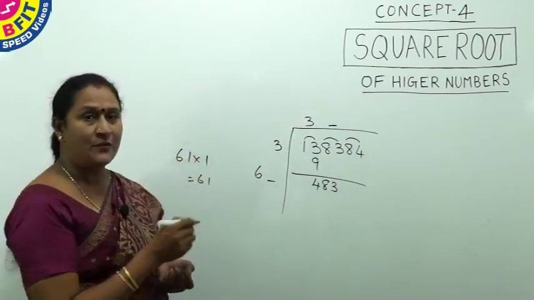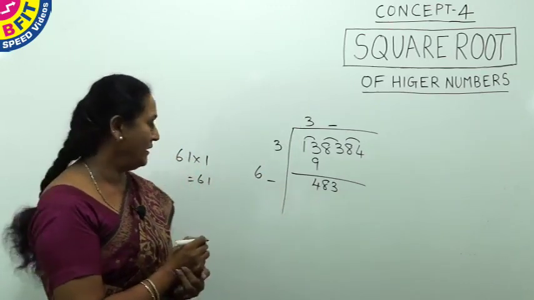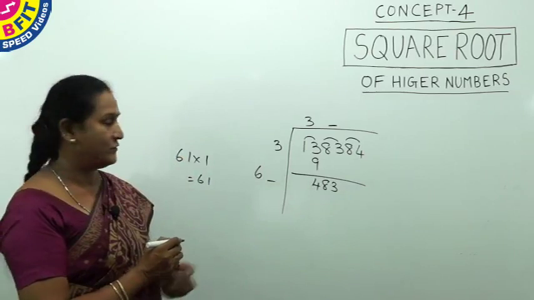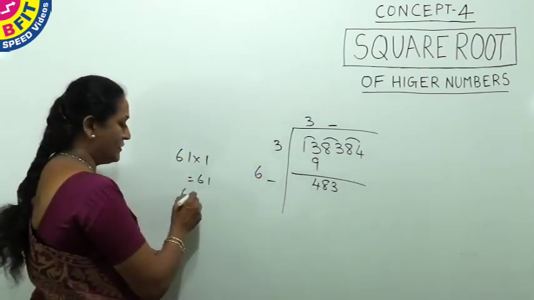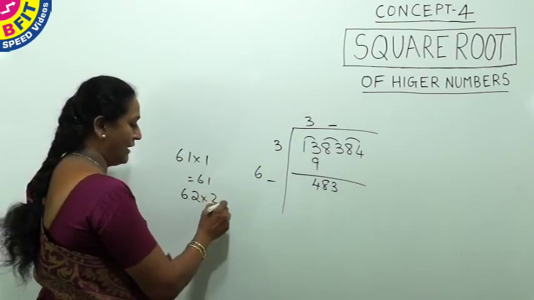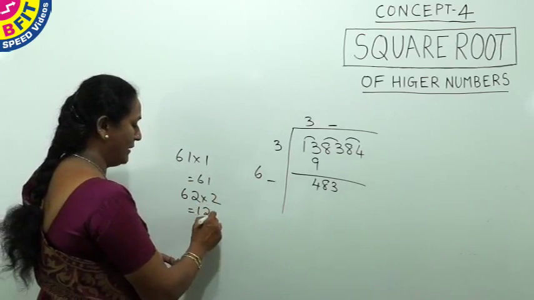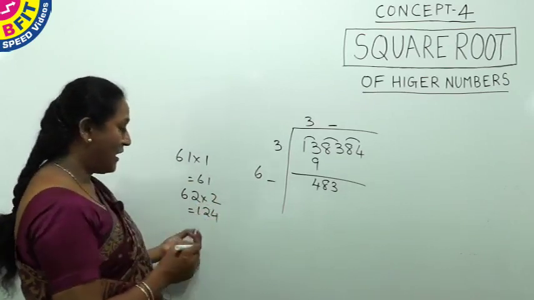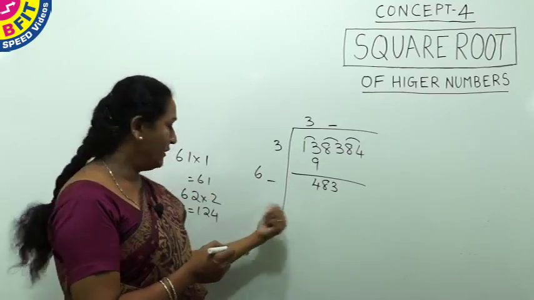But what is the product we need? 483 we need, but we get only 61. Suppose if it is 2, we'll write 2 here, and the product is 124. And still you can go for higher numbers because we need a number more than 124.